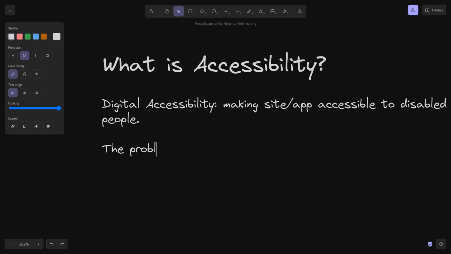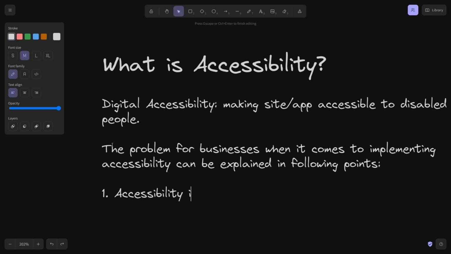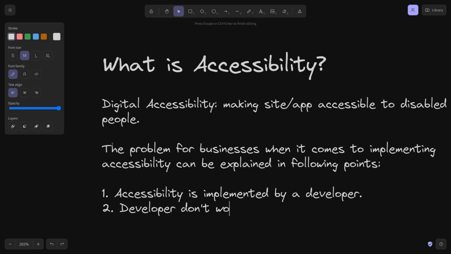Basically, the problems for businesses when it comes to implementing accessibility can be explained in the following points. 1. Accessibility is implemented by a developer. 2. Developers don't work for free. 3.